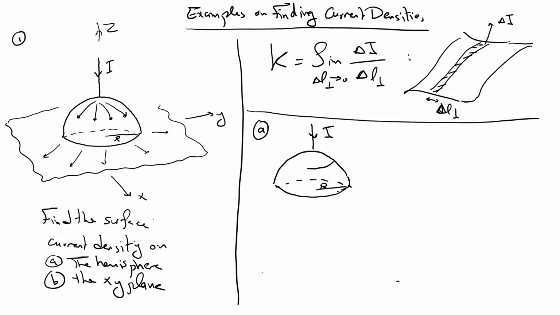Okay, so let me pick some general circle over which I know by symmetry that the current will be flowing in a symmetric way. So the current will be crossing this circle exactly in a symmetric way. What do I mean by this?